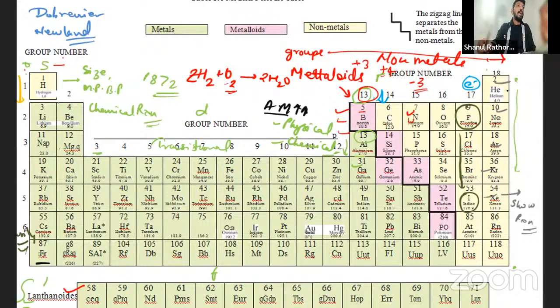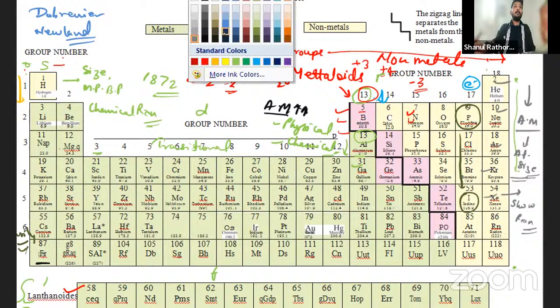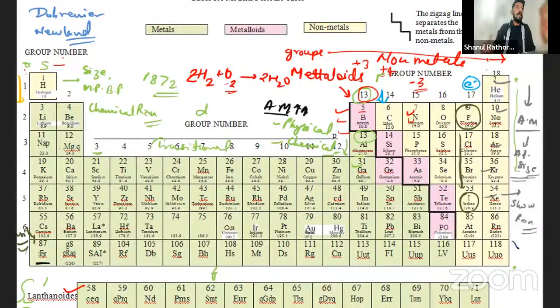As I told you, as we move down the group, the atomic mass increases. If the atomic mass increases, then the atomic size also increases. And if the atomic size increases, the internuclear forces become weak. Due to those weakened forces, xenon will form bonds with fluorine, like XeF2, XeF3.